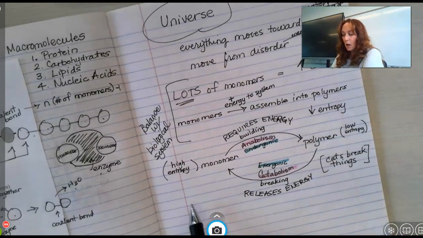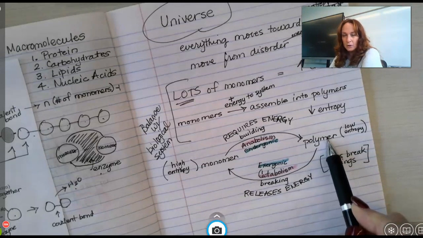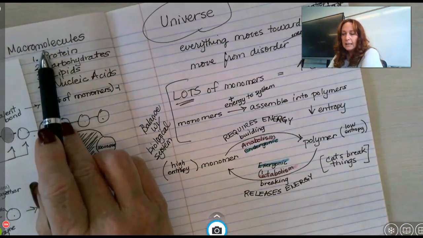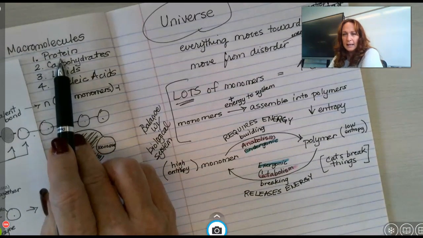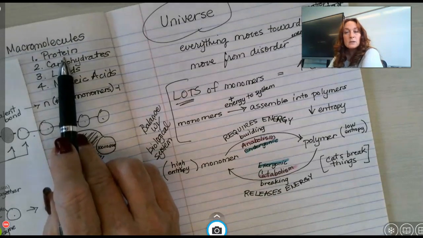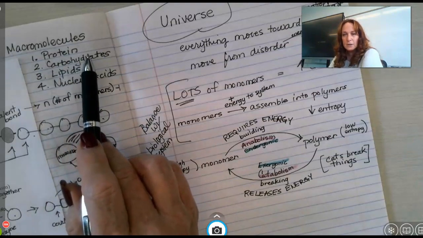So we need to talk about the different types of polymers that biological systems make. Those are macromolecules, right here. And each one has its own name for the monomer, and each one serves a different function in a living biological system.